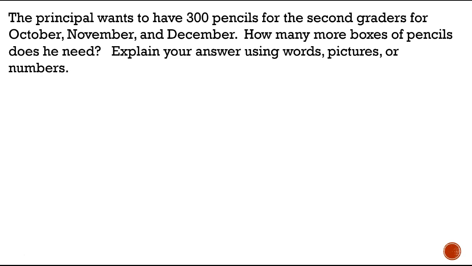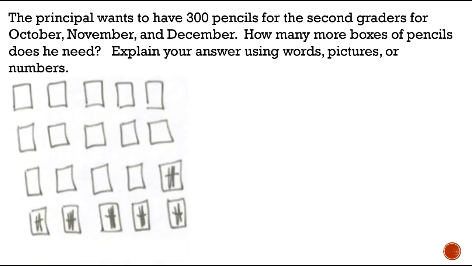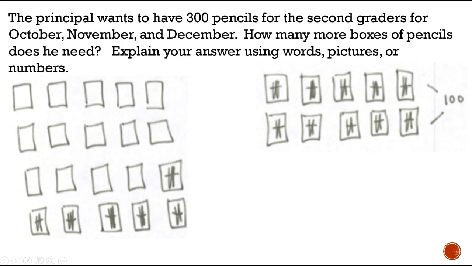Alright, so here's how I solved it. I took the 140 right here that I needed, and I added boxes counting by 10 because I know that each box is worth 10.